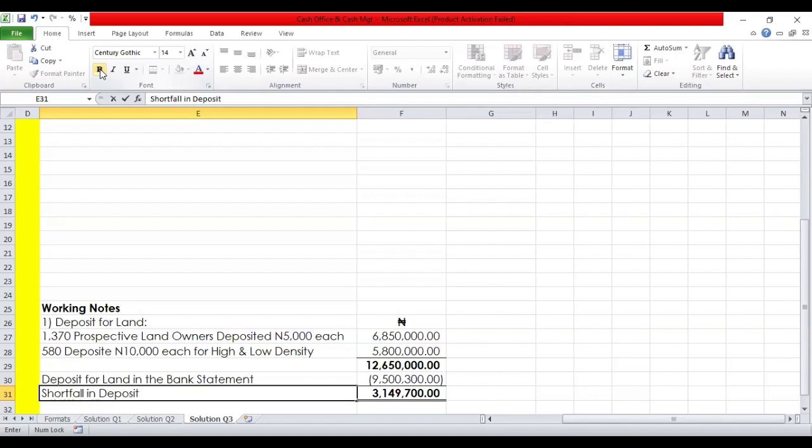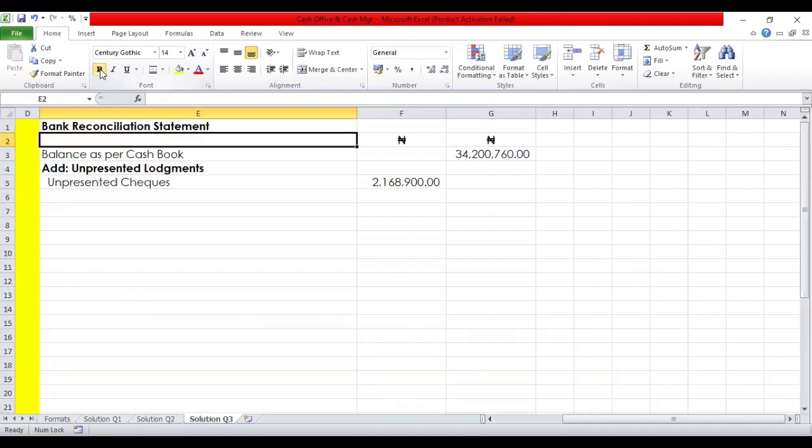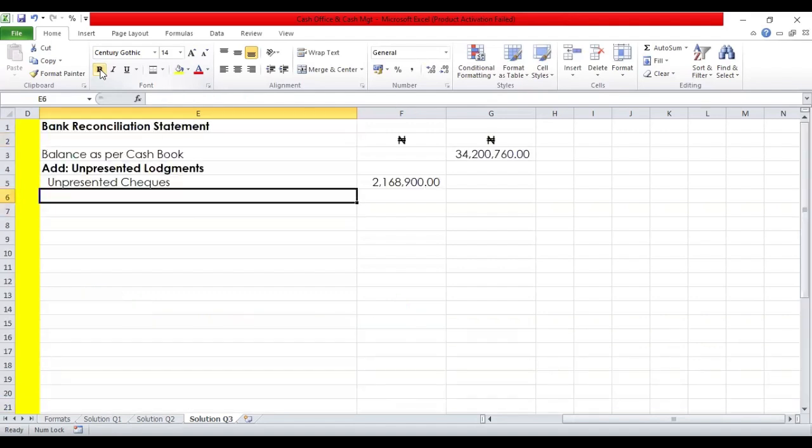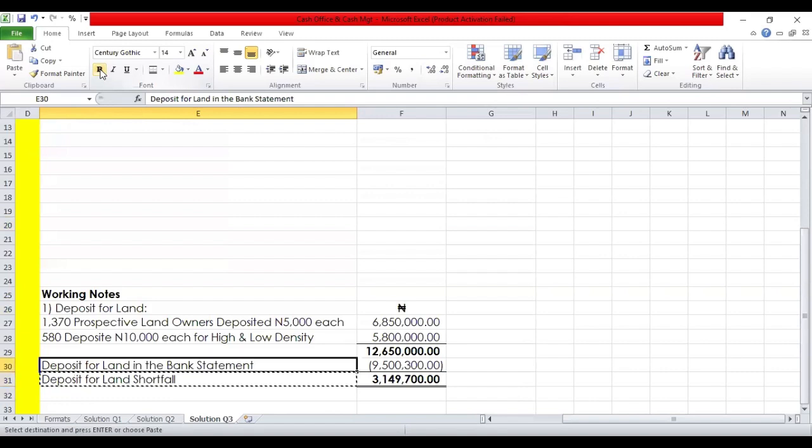Shortfall for deposit for land. Now, this amount will be added back here. Is it clear? Yes, sir. That is part of the money we are looking for.